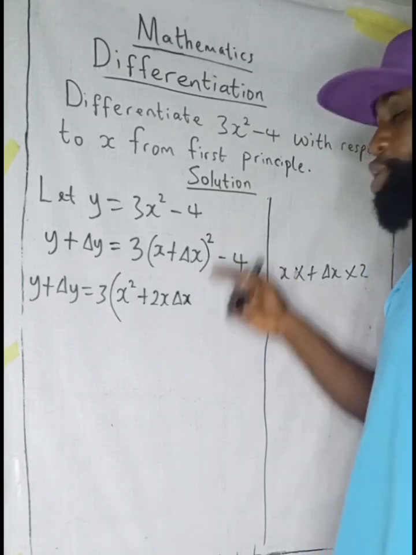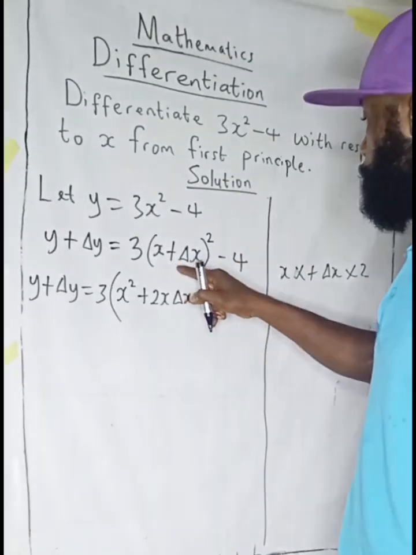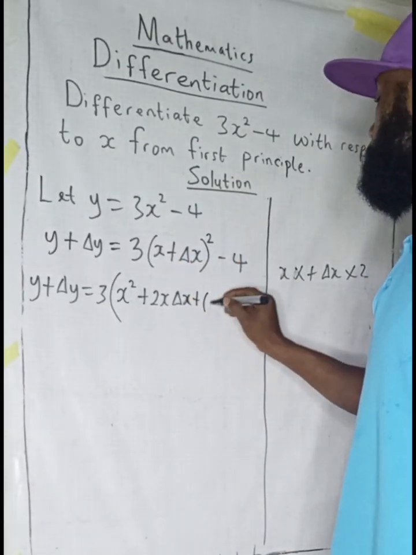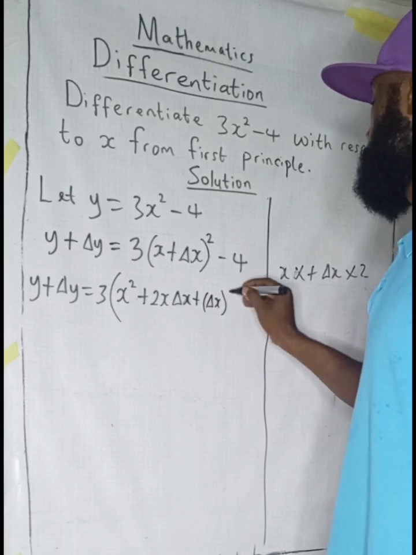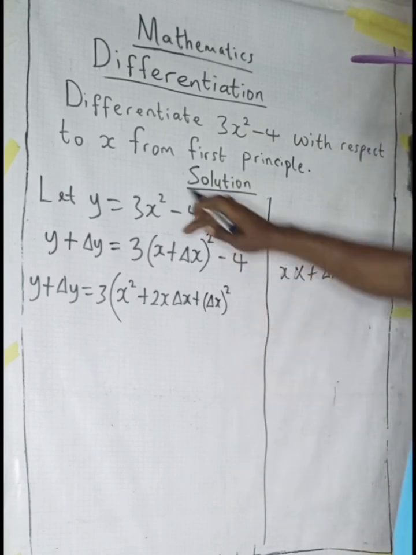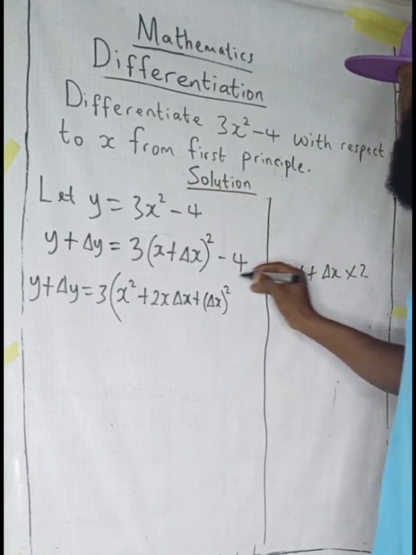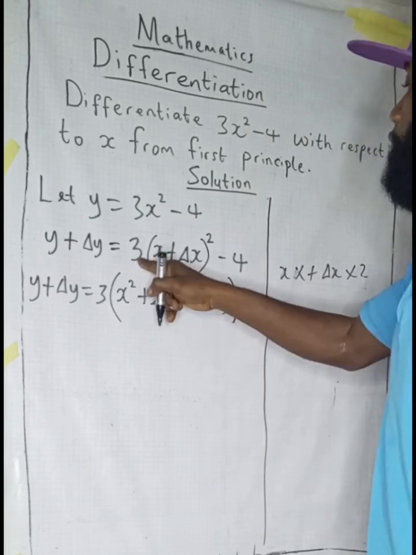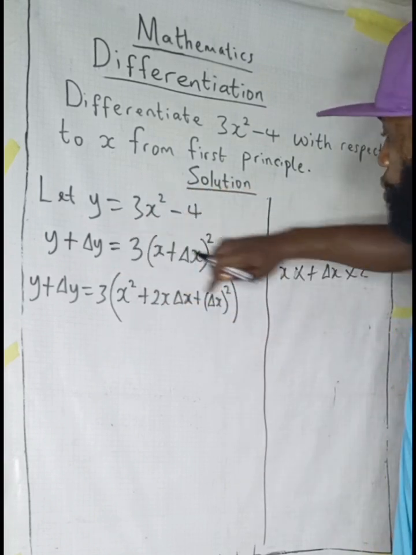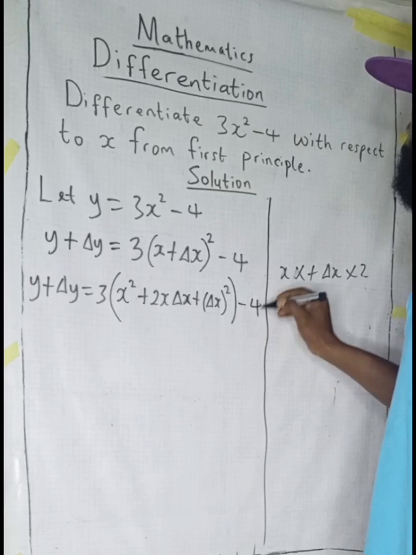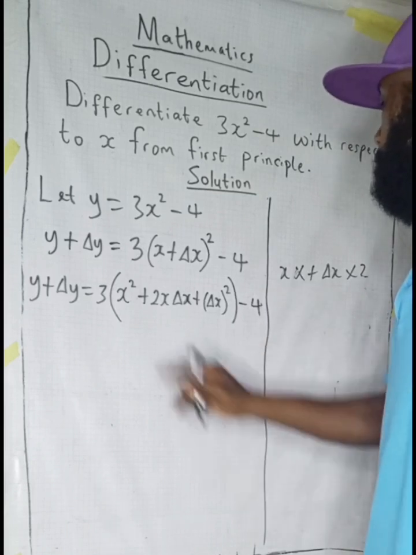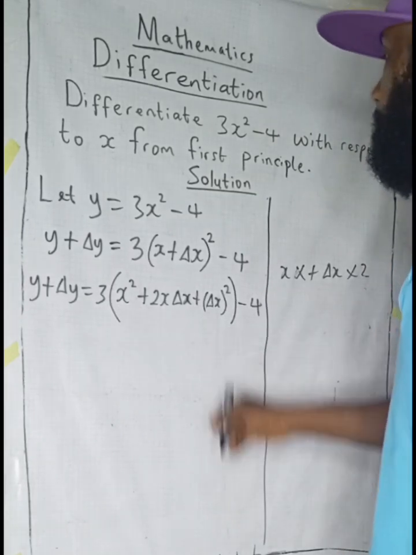We have change in x squared next. That's plus change in x squared. So we've expanded what we have here. So this way, 3 times all of this means 3 times all of this minus 4. Right? So the 3 will affect all we have in here.